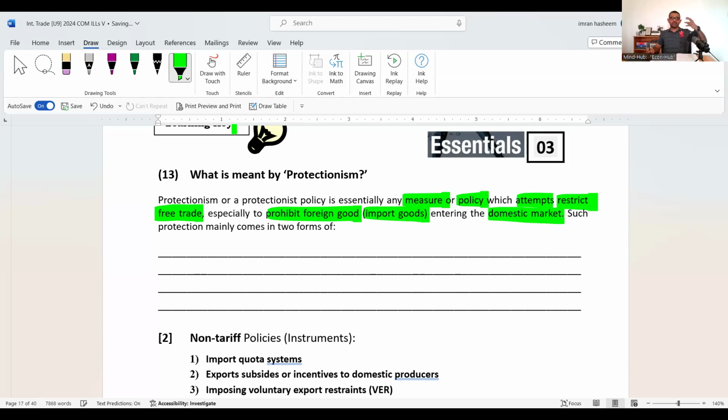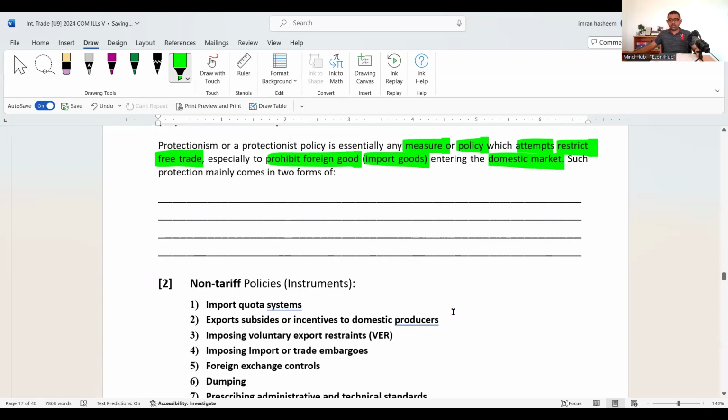So what are you protecting? The domestic market, the domestic producers, from foreign products coming into the country. This is the basic concept of protection. Anything we do for this purpose with this intention can be called protectionism, a protectionist measure or a protectionist policy. Then there are two ways in which protection works.